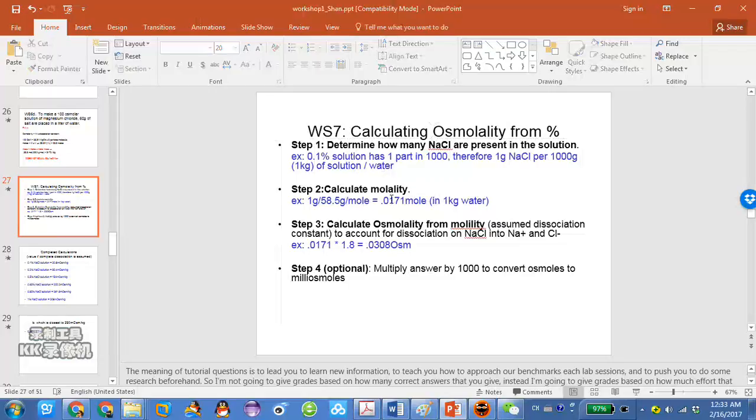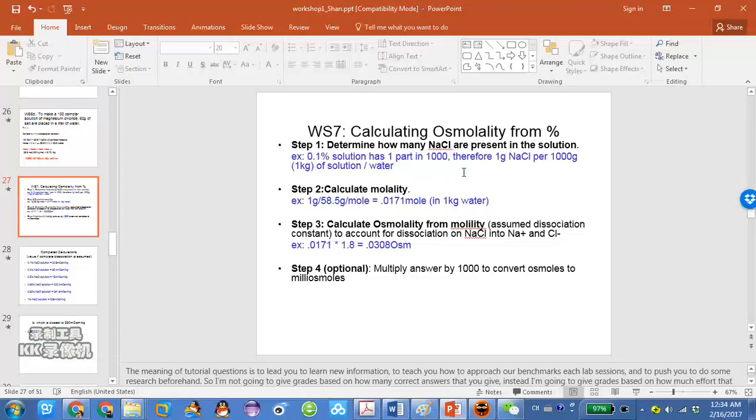The reason I want to stress 1 kilogram of solvent is that the final parameter we want to convert into is osmolality. If you still remember, the denominator in osmolality is the same as the denominator of molality, which is 1 kilogram of solvent.